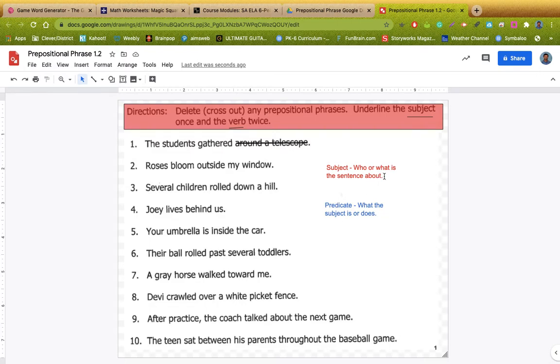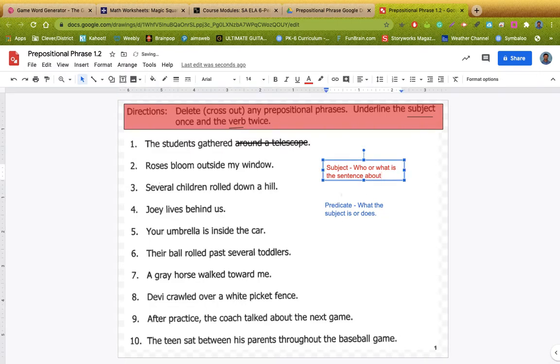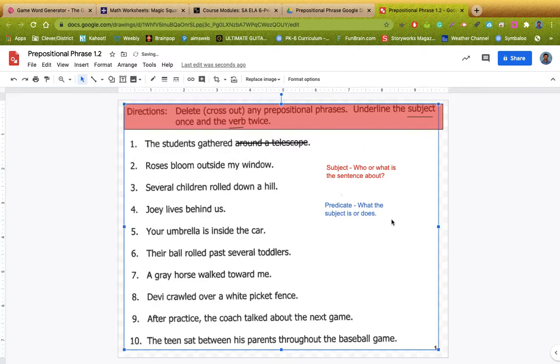So if you ask yourself the right question, who or what is the sentence about? Look at number 1. Who or what is the sentence about? The students gathered. Well, if you said it's about the students, you're correct.